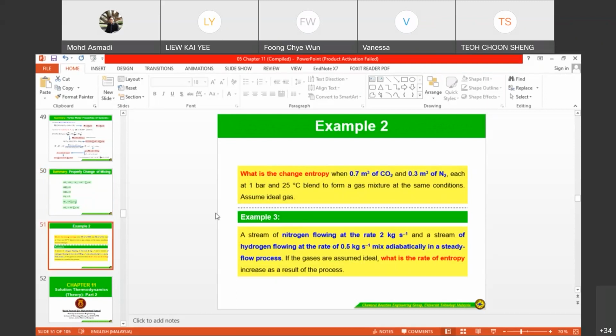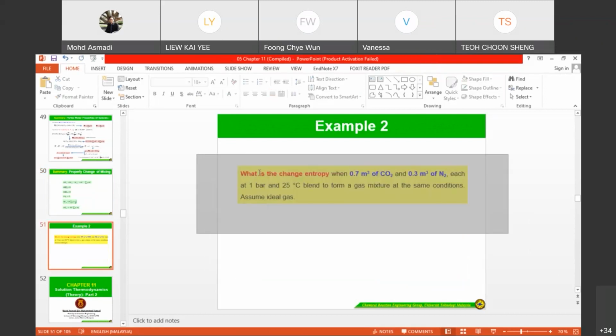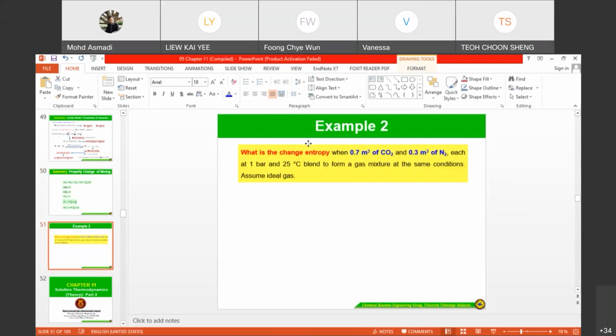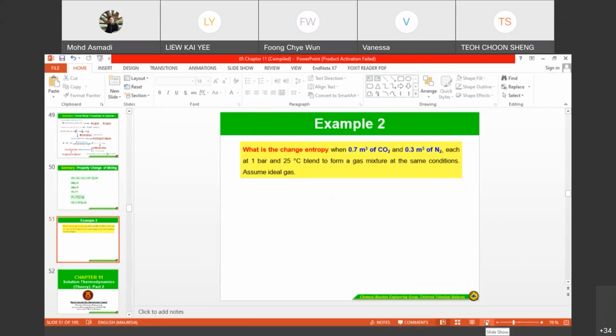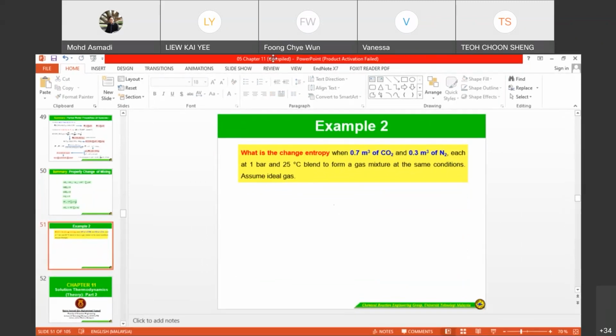Please do this example too. If you look here, this is an ideal gas, right? So just assume that the volume fraction is the same as the mole fraction.